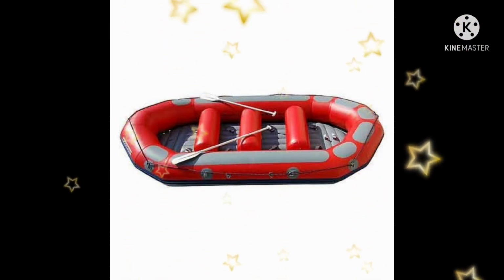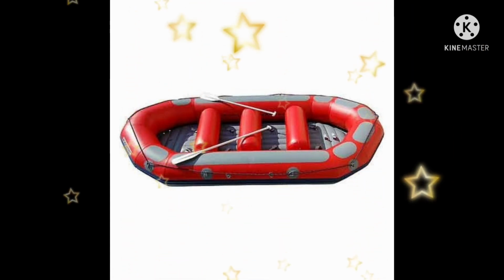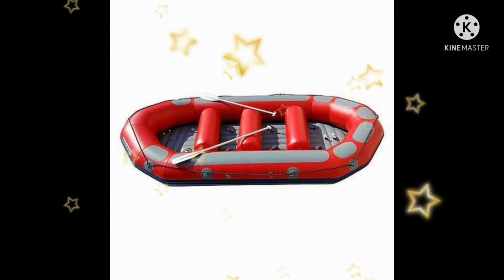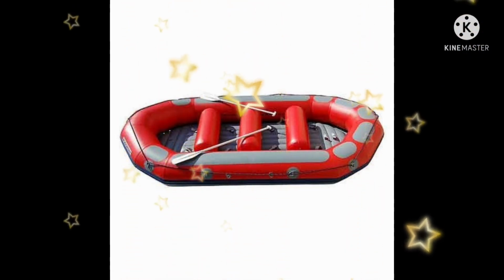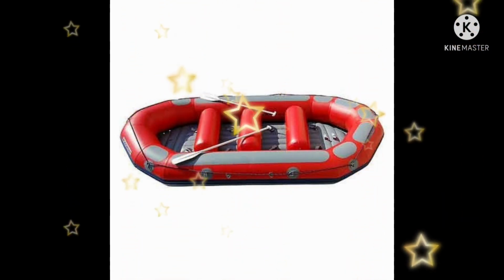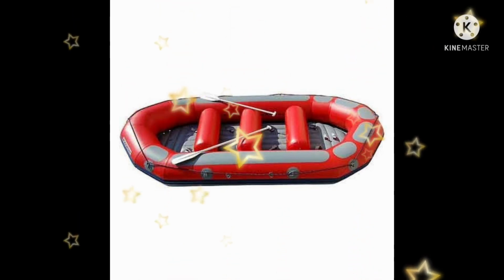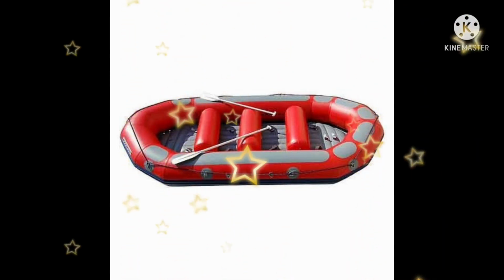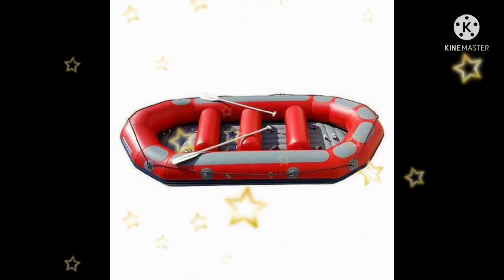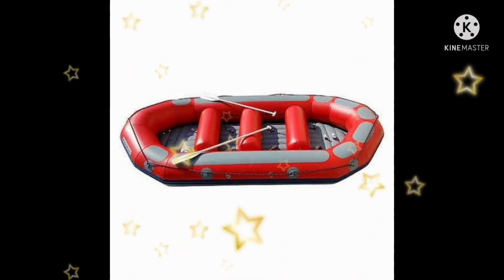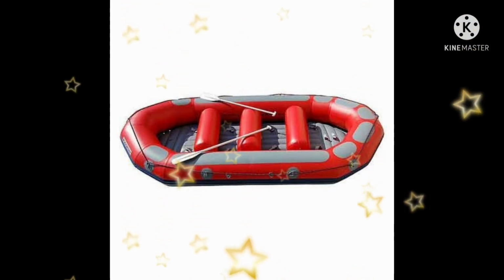You can see it is a balloon-like structure which floats on the water. You can inflate this with air, and in waters where it is not very deep, where it is shallow, you can use this for your transport. So this is a raft. Learn the name of this. R for raft.